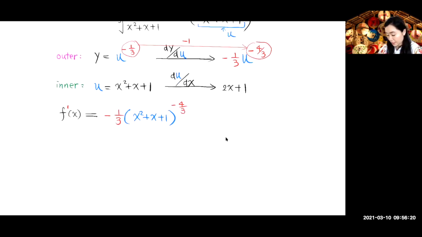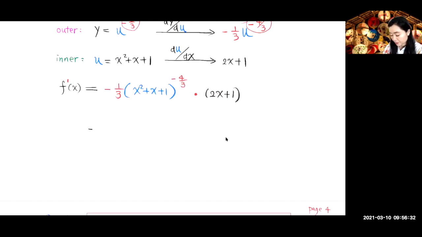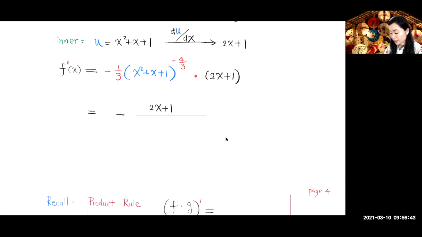Okay. And then multiply. The derivative of the inner function here is 2x plus 1. You can rewrite it this way. So you can put negative 2x plus 1 in the numerator. And then you have this 3.